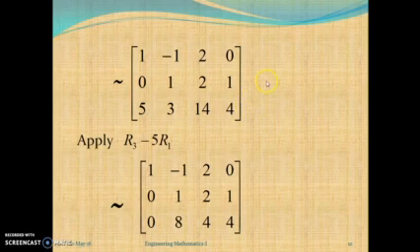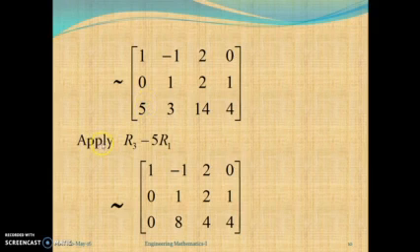Now, following the properties of row echelon form, we have to make all entries below the diagonal elements 0. The first diagonal element is 1, and below it in the second row there is a 0. In the third row there is a 5, and we have to change that 5 to 0.